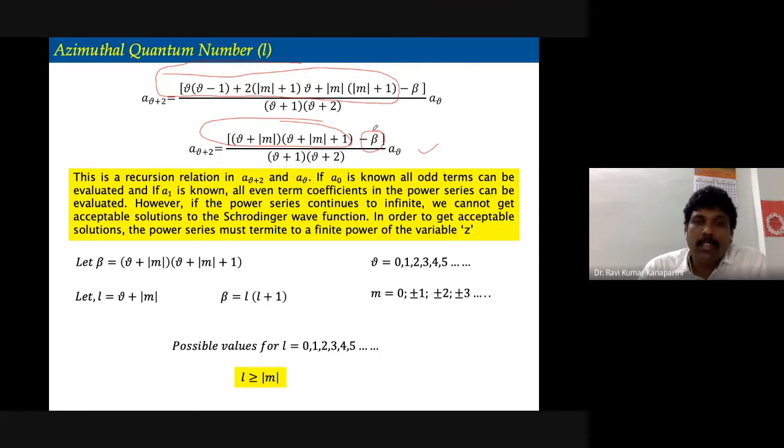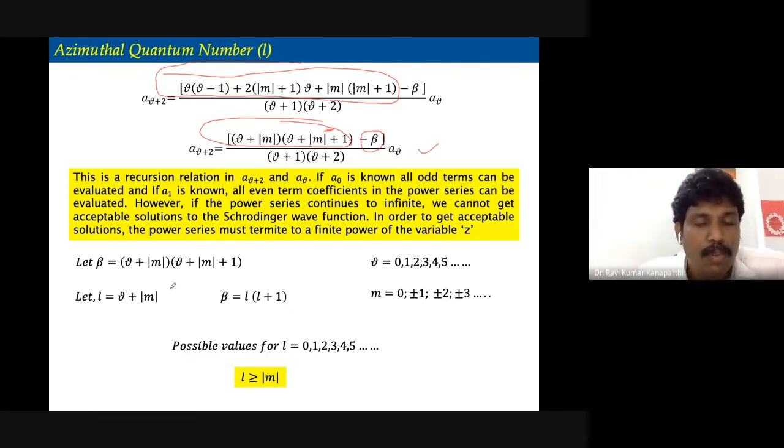The value is this quantity, nu plus modulus of m multiplied by nu plus modulus of m plus 1. Then definitely the power series will terminate at a finite power of z. So we will make use of beta as a weapon to terminate the infinite power series, and therefore the power series will be stopped at a finite power. That means we will get an acceptable solution. So the beta value has to be this much.